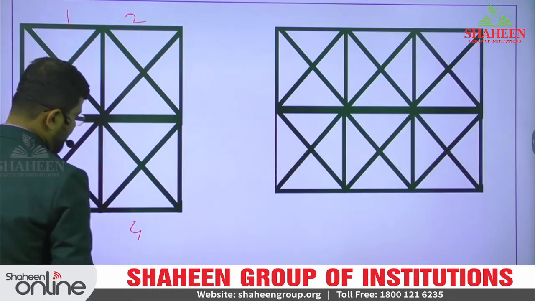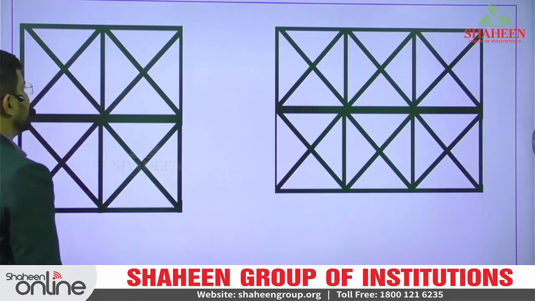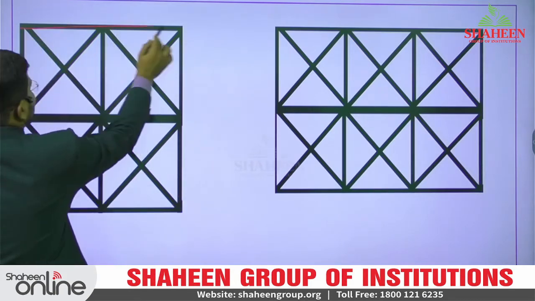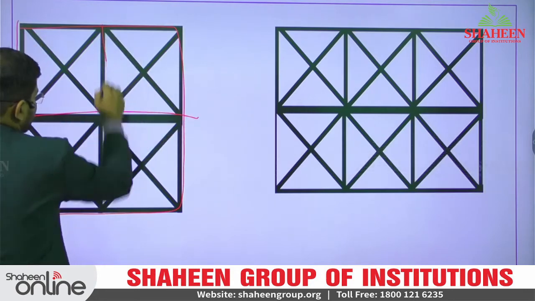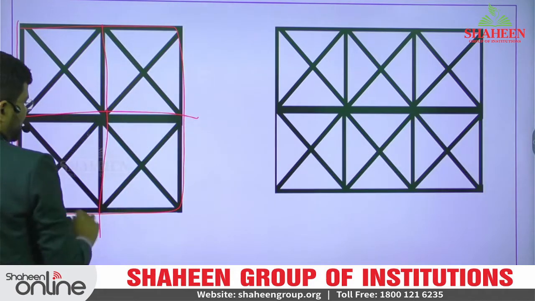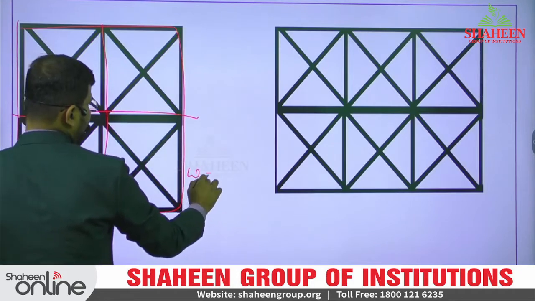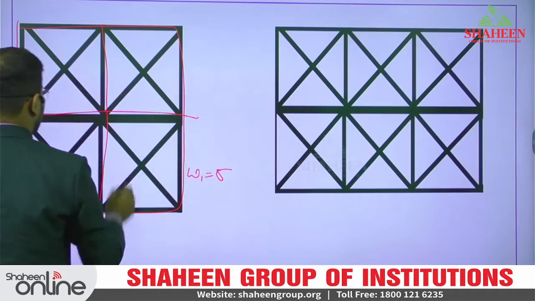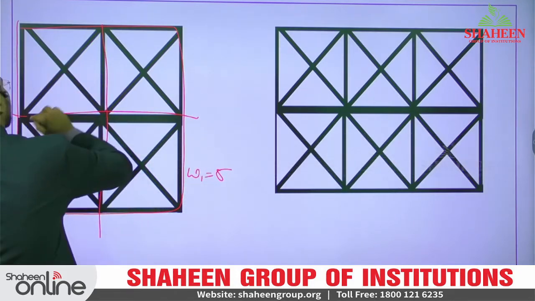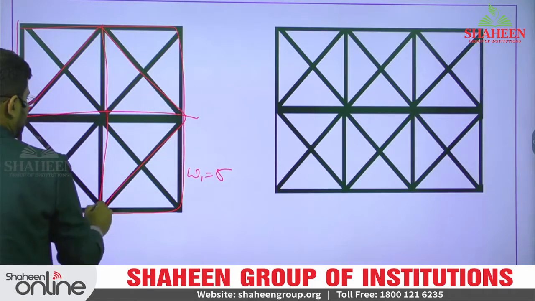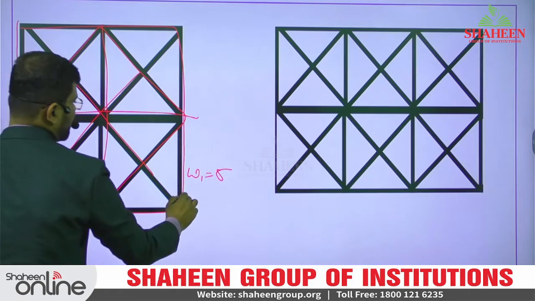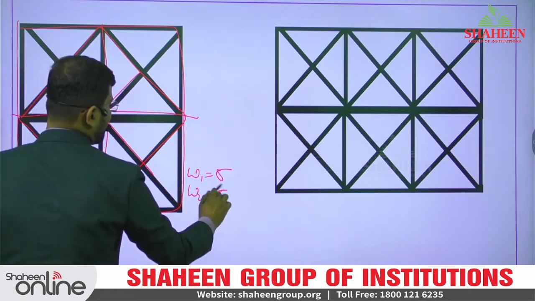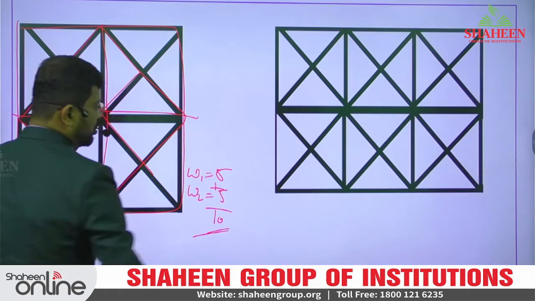Friends, here again I need not count separately. Look at here. Simply I will say there are two windows. 1, 2, 3, 4, 5. So this is window 1, 5. And now there is another window here. Again 1, 2, 3, 4 and 5. This is window 2, 5. 5 plus 5, 10. Over.